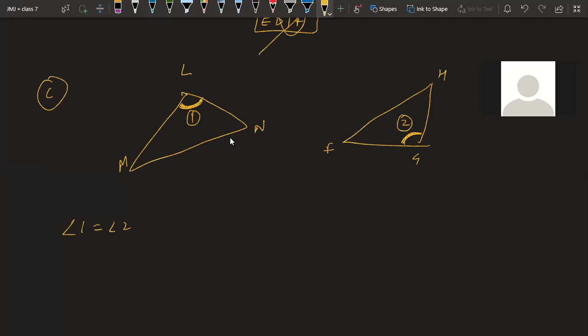Then they are saying angle NML, this angle. Let me call it 3. So angle 3 is equal to angle GFH. GFH, this I call 4. So 3 equal to 4 given to us. And finally, they are saying ML equal to FG. ML equal to FG.